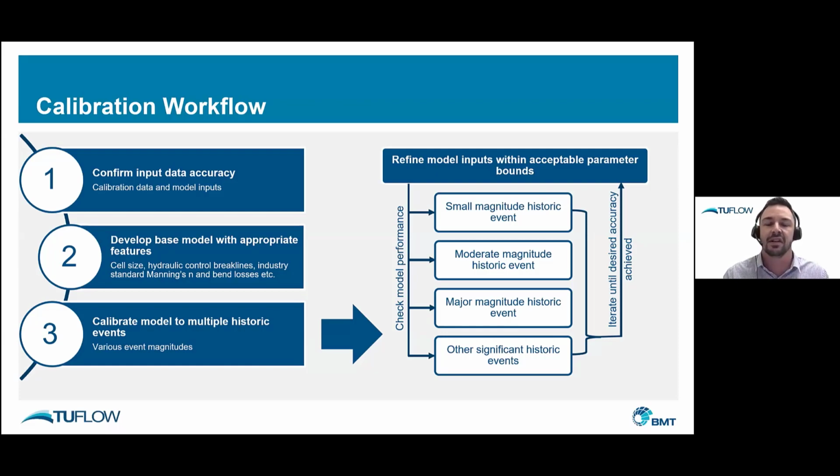When I'm going through this process in a project, I typically start by trying to calibrate to a small historic event. In doing so, I'm focusing on the model's definition of the conveyance zones in the catchment, so your river channels in essence. Once I've calibrated that, I then test that and calibrate to a moderate size event, so we're seeing some overtopping of the banks out in the floodplain.